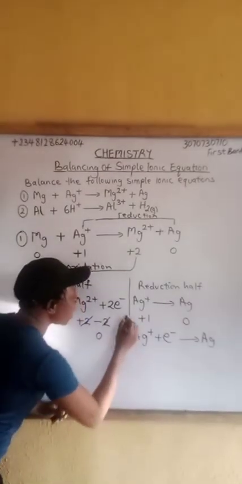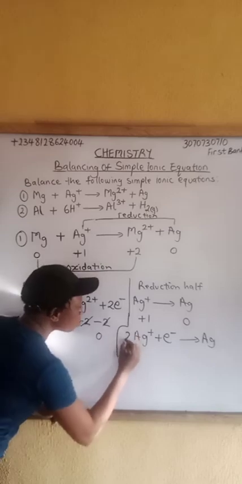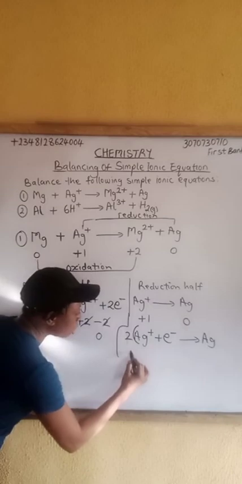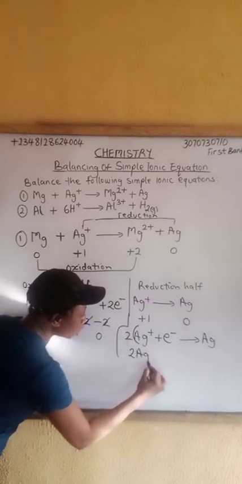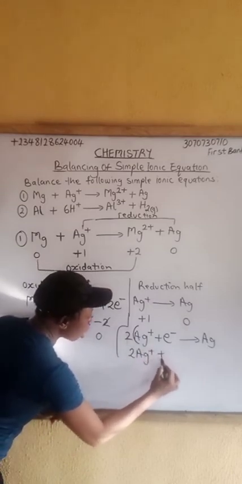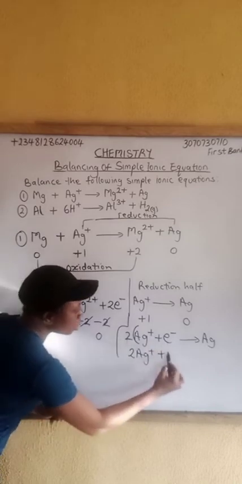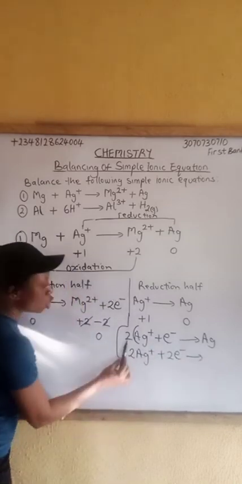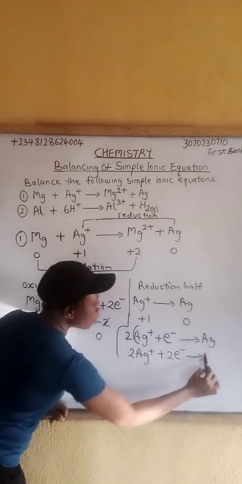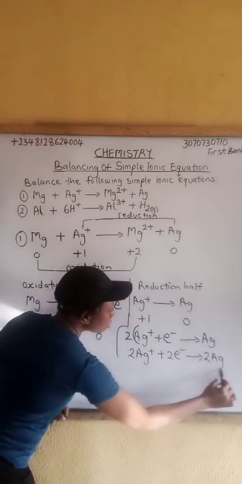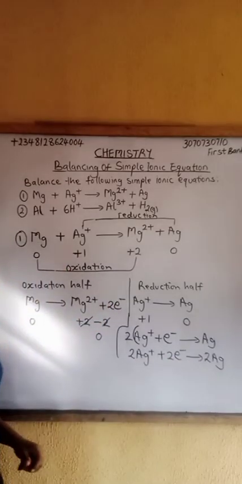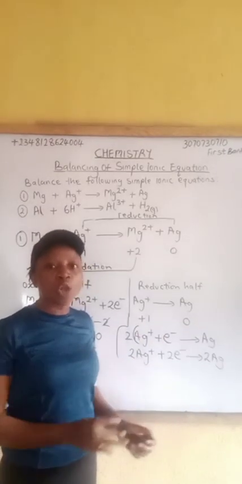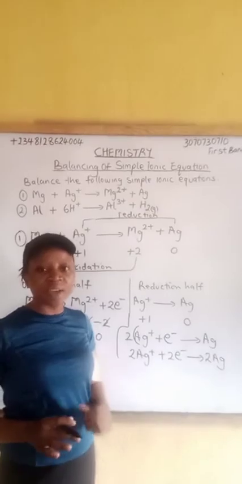We multiply our equation by 2. That will give us 2 Ag+ plus 2 e- equal to 2 Ag. So we have balanced both the number of electrons and the oxidation number at both sides.